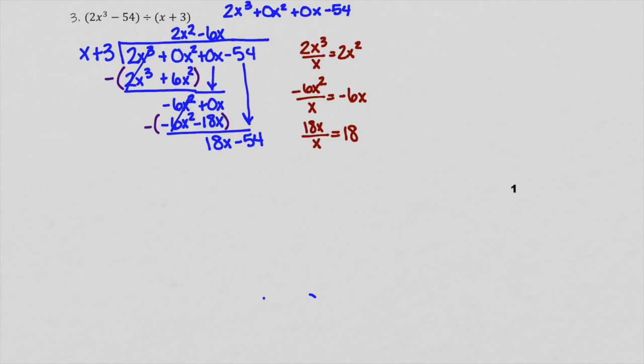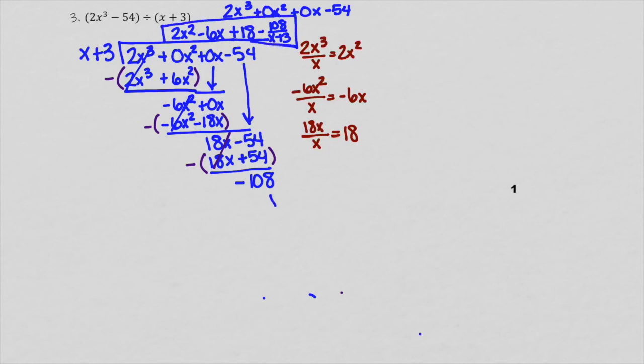That's our next term in our solution. Multiply that times x plus 3, and I get 18x plus 54. Now when I subtract this, 18x minus 18x is 0. Negative 54 minus 54 is negative 108. So my remainder is negative 108. So that's minus 108 over x plus 3.